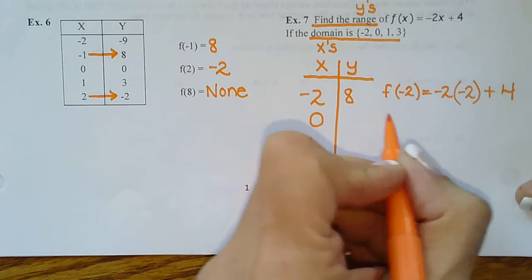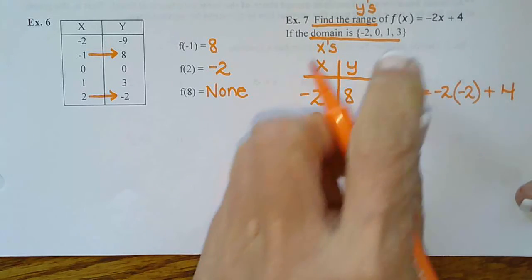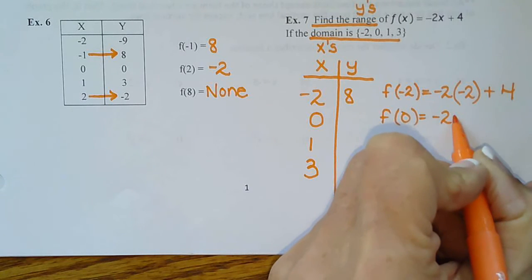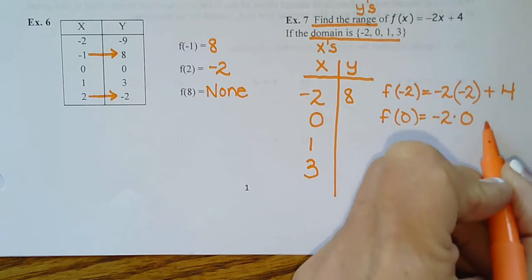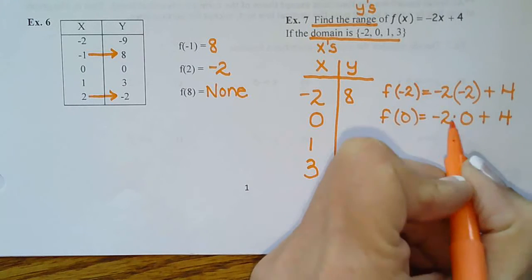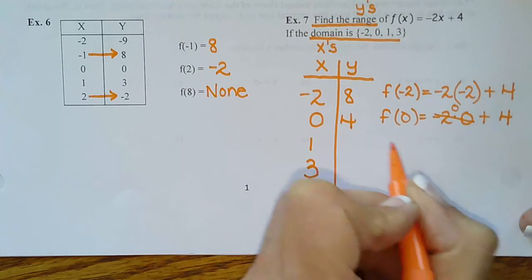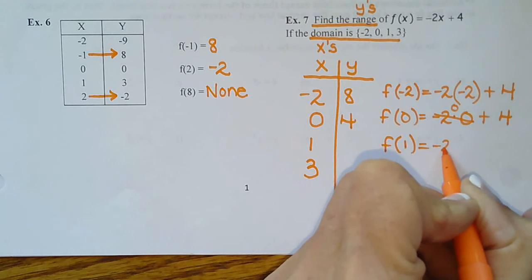So then we just go down the list and do the same thing. F of 0, so everywhere I see an x, now I'm putting in 0, is -2 times 0, so I don't need parentheses now because I'm not inputting a negative, plus 4. This is 0, 0 plus 4 is 4. F of 1, -2 times 1.